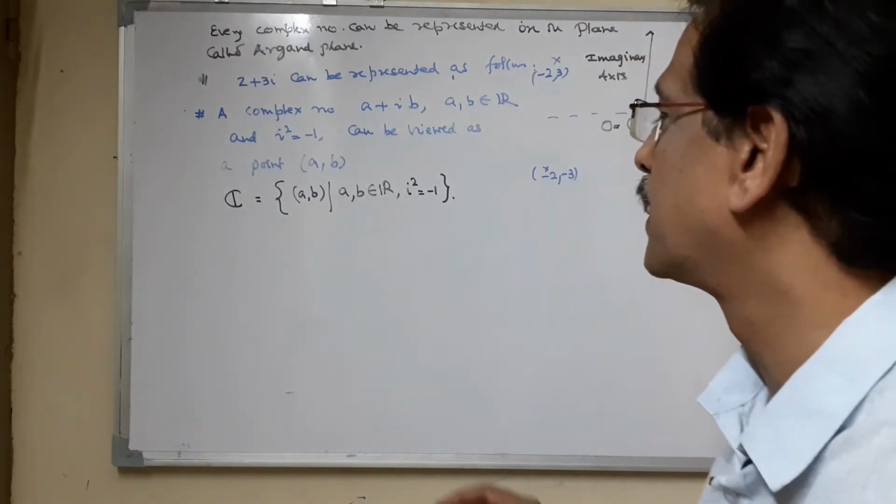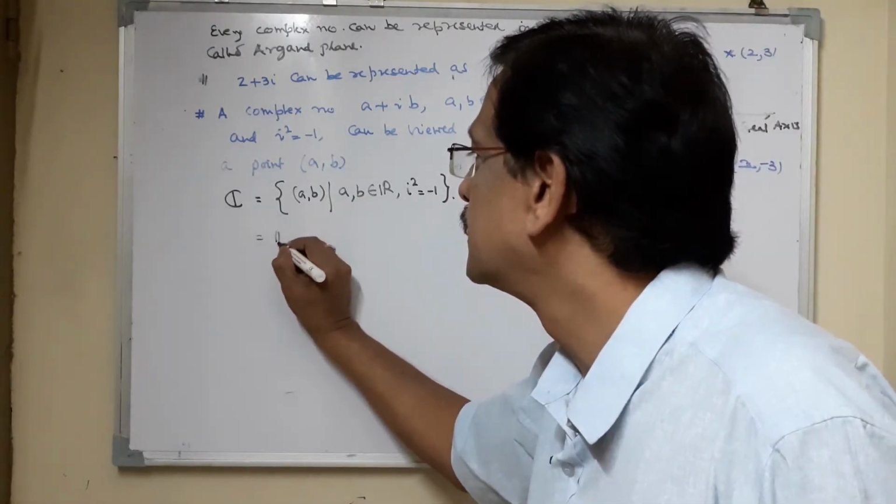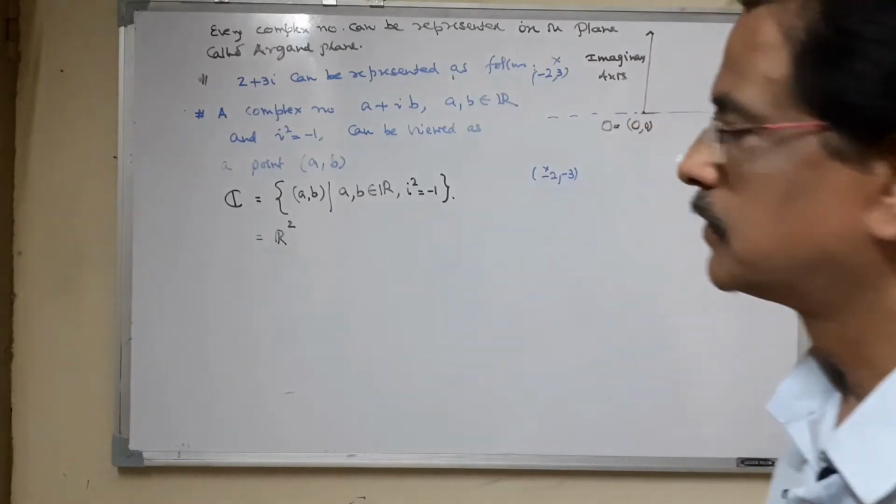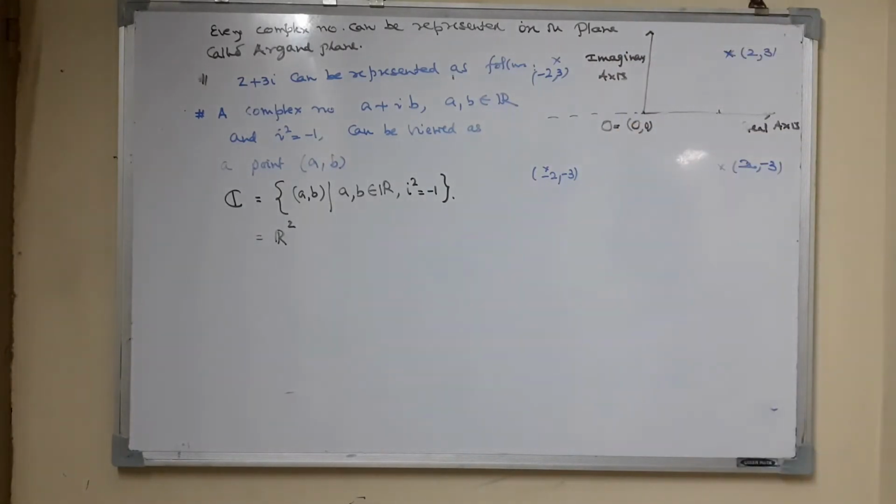So (a, b) belongs to R, which is nothing but R square. So the complex plane can be regarded as a product R cross R.